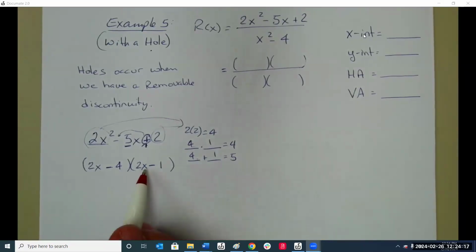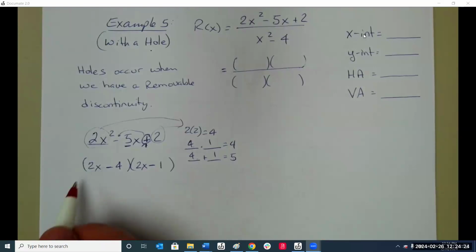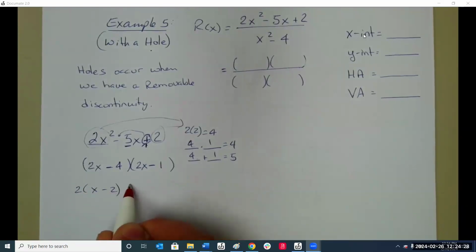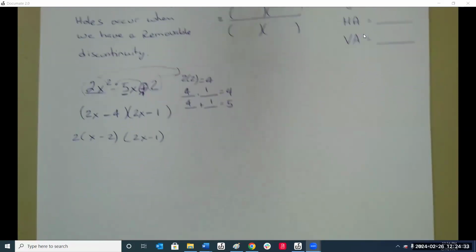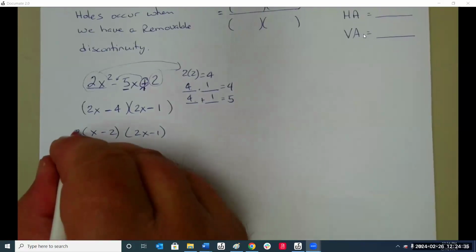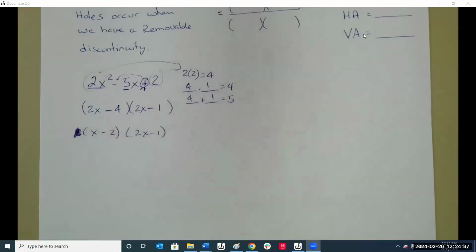Now, look inside these parentheses. Can anything factor out of each of these parentheses? A 2 can factor out of the first one, leaving x minus 2, and nothing out of the second one. Whatever you factor out, delete it, erase it.